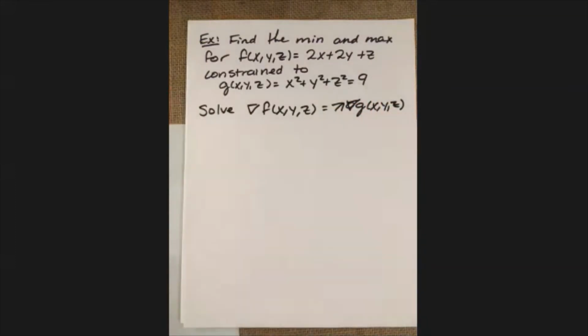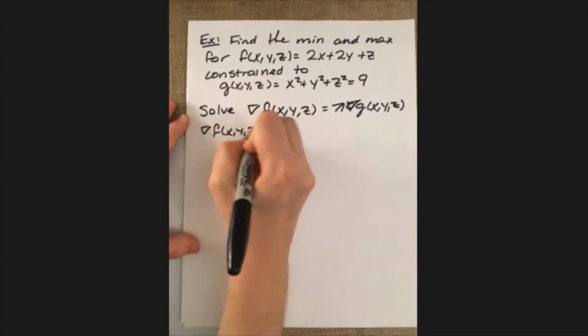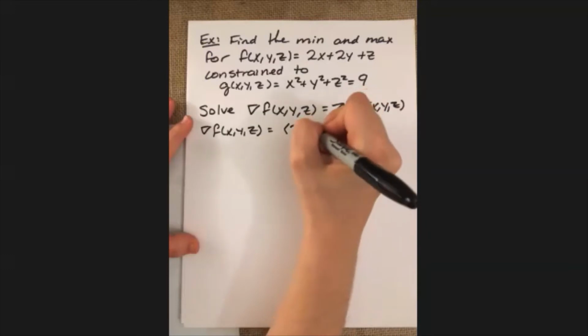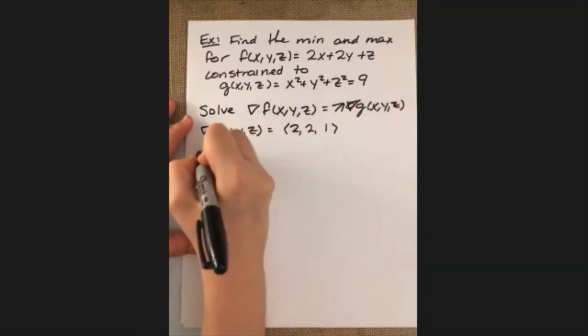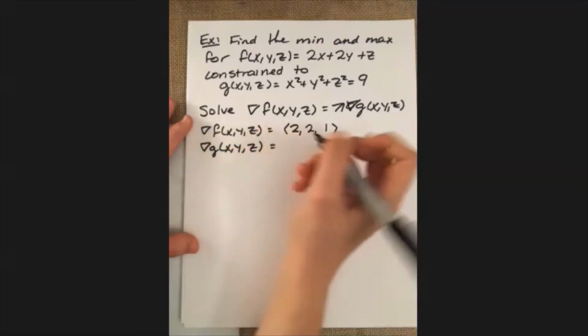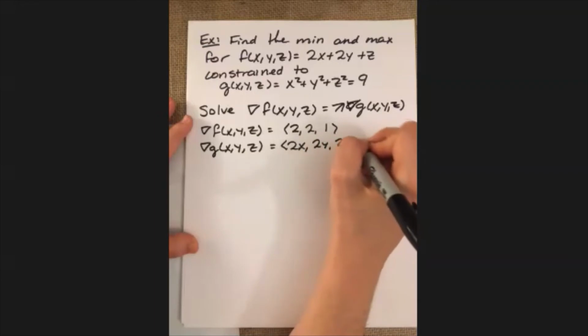The gradient of f is equal to 2, 2, 1, and the gradient of g of x, y, z is equal to 2x, 2y, 2z.